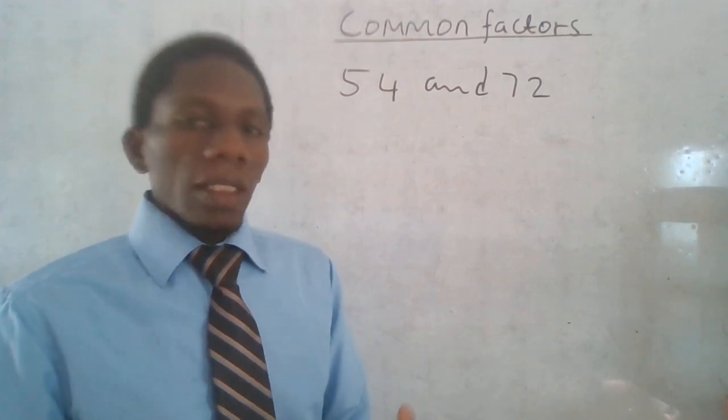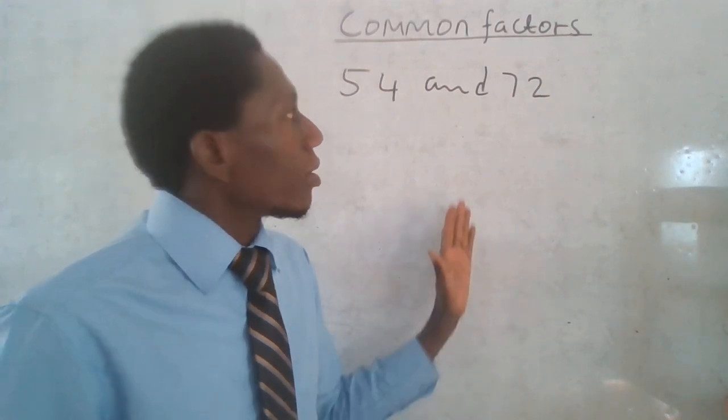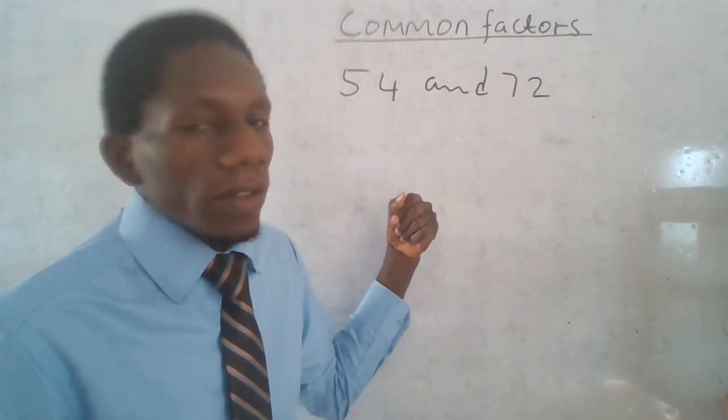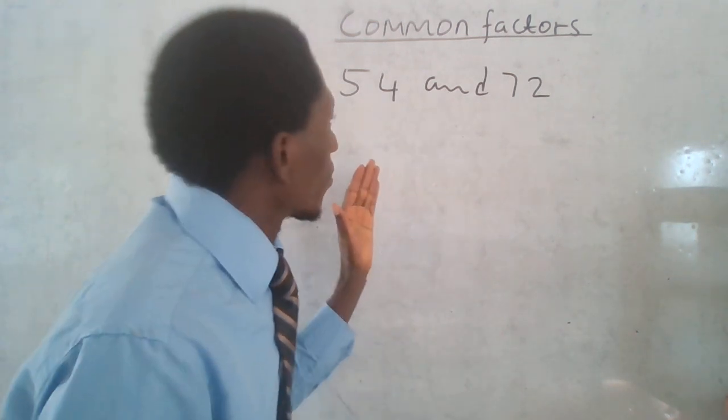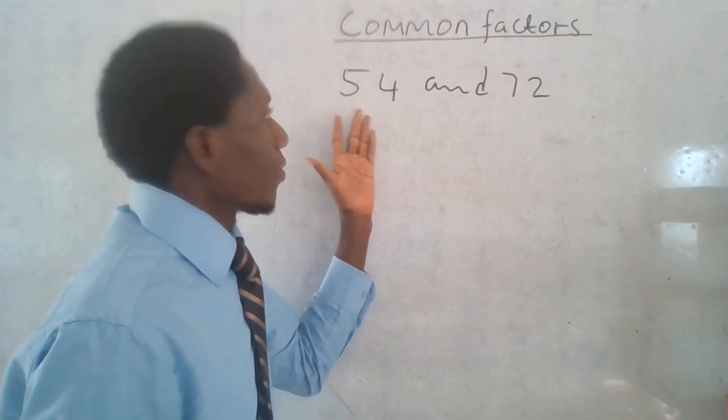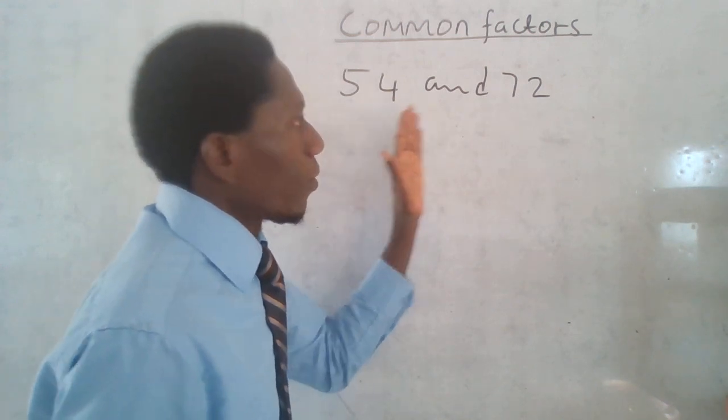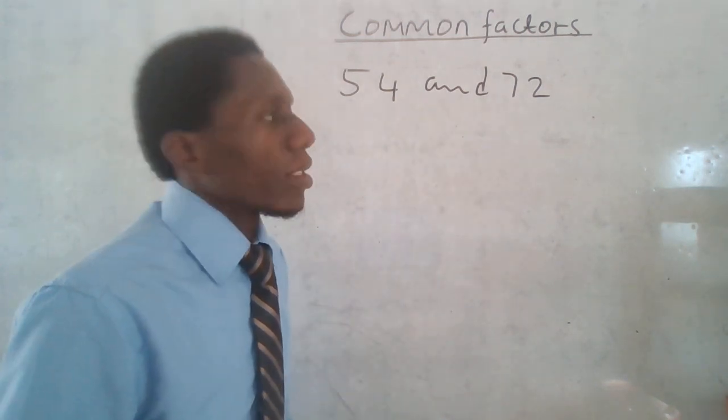Let's take one more example. Let's see another example of common factors. How can we find the common factors of 54 and 72?